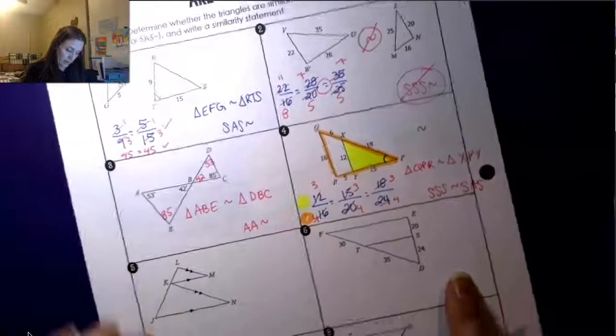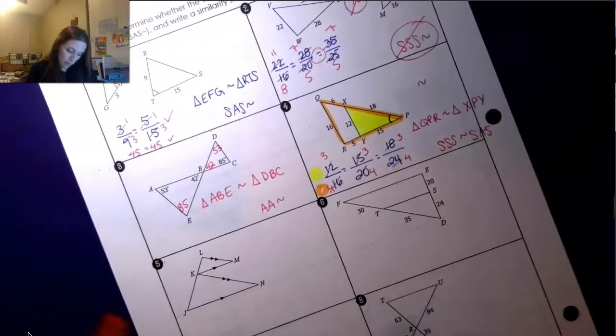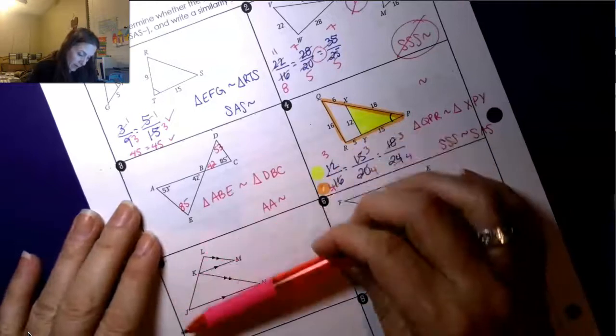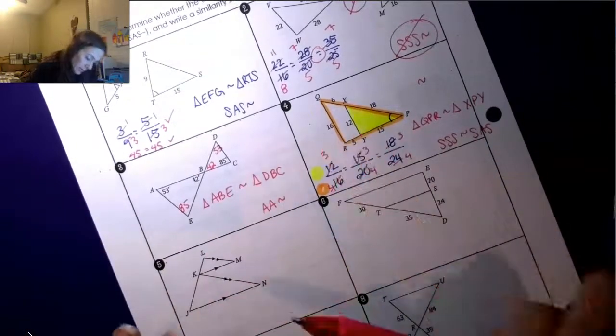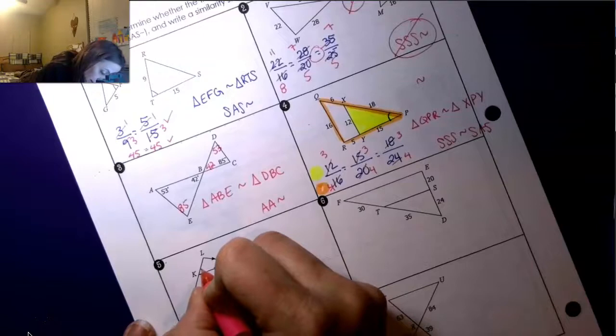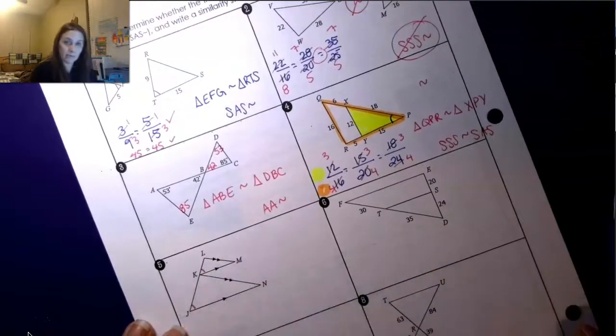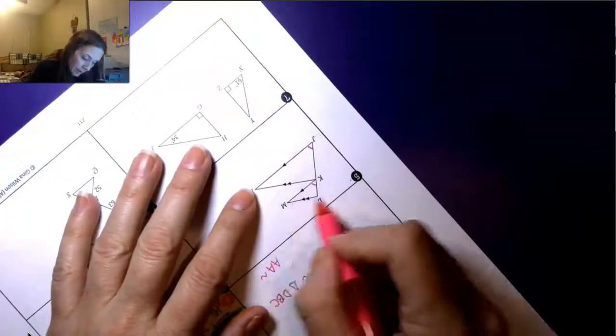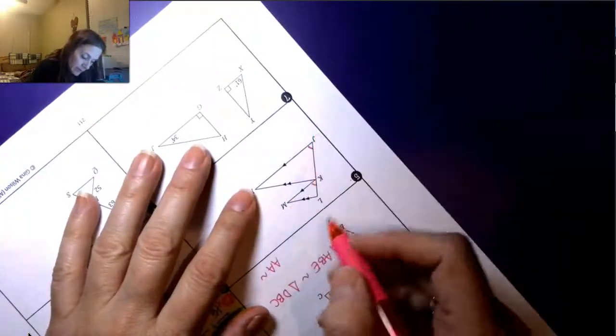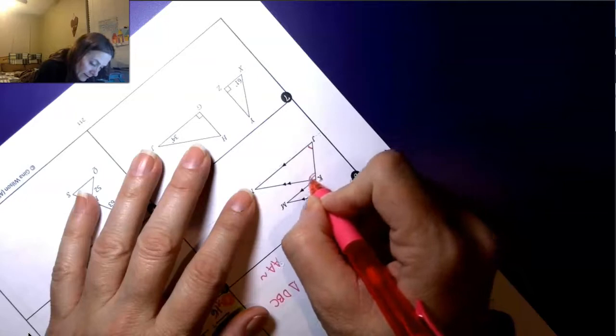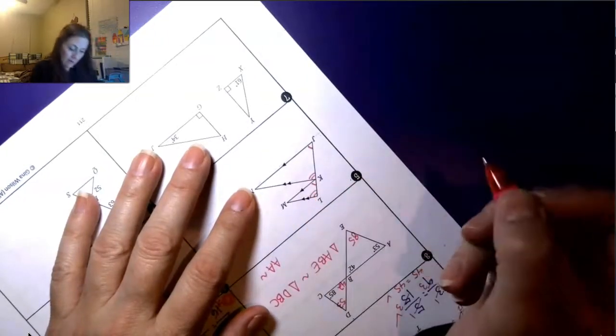Let's do two more of these. Go ahead and tell me, do you know the triangles are? If I have parallel lines cut by a transversal, I know that right here are alternate interior angles. They have to be the same. If I flip it this way and have parallel lines cut by a transversal, this angle here and this angle here have to be the same.